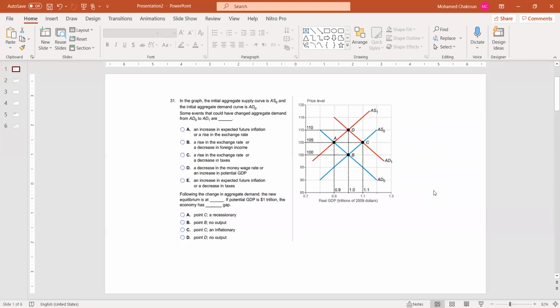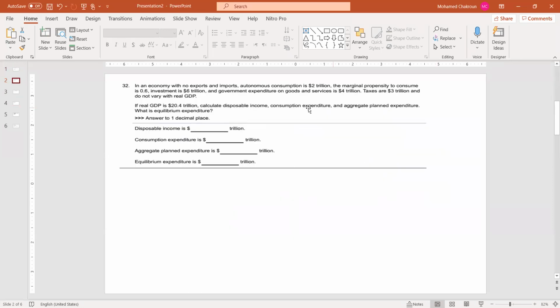Let's move to the second question. In an economy with no exports and imports, autonomous consumption is $2 trillion. The marginal propensity to consume is 0.6. Investment is $6 trillion. And government expenditure on goods and services is $4 trillion.